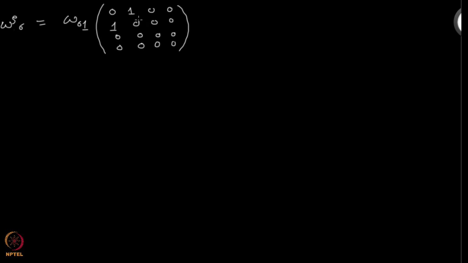What you have here is everything 4 by 4. Look at this block, it has all zeros. Then what do I have? Omega 0 2, and here you will have 0 0 1 0, 0 0 0 0, and then 1.